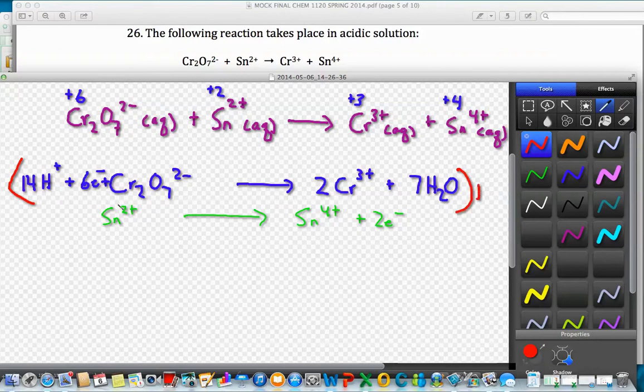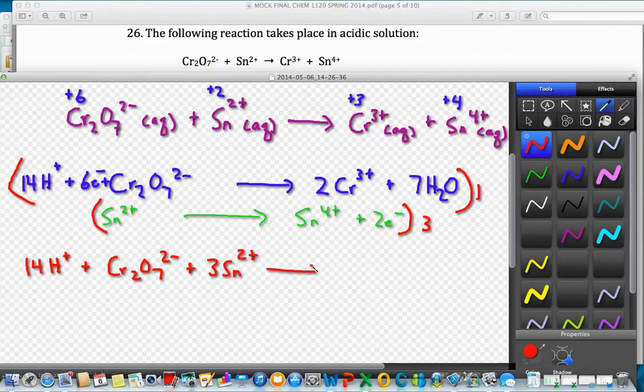Now I need a least common multiple. I'm going to multiply the top one by 1, and the bottom one by 3. So we get 14 H+ plus Cr2O7 2- plus 3 Sn2+ yields 2 Cr3+ plus 7 H2O plus 3 Sn4+.